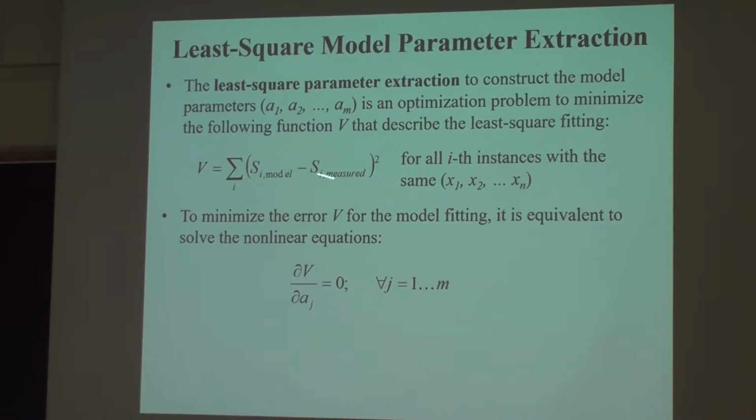S model minus S measure squared, and I sum up over all the i, and that i can go from 1 to a million, even though I'm only looking for 2 parameters. This summation can be huge, but the parameter dimension space may be small.